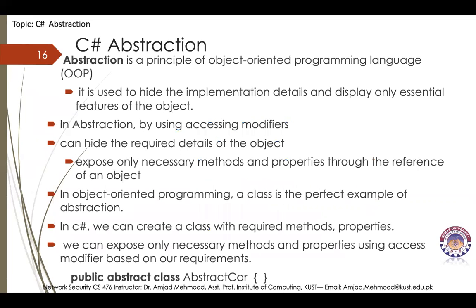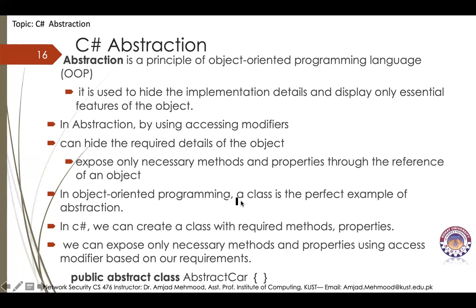So let's start: abstraction is a principle of object-oriented programming. As you know, it is used to hide implementation details and display only the essential features of the object. In abstraction, by using access modifiers we can hide the required details of the object and expose only necessary methods and properties through the reference of an object.